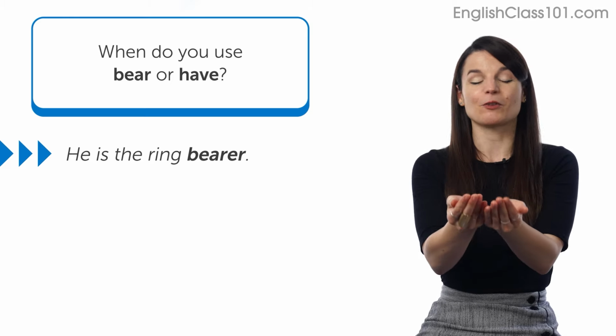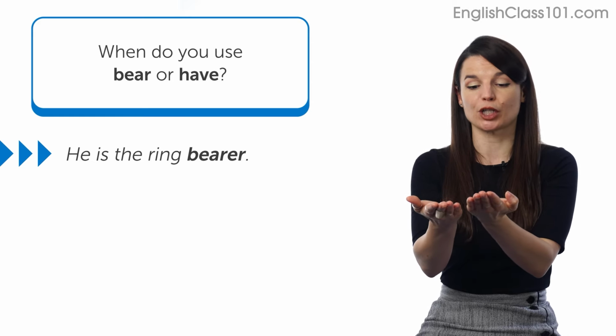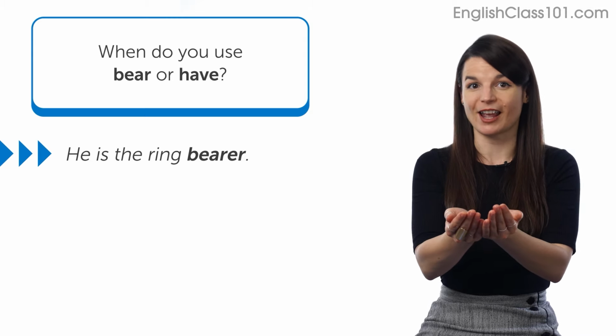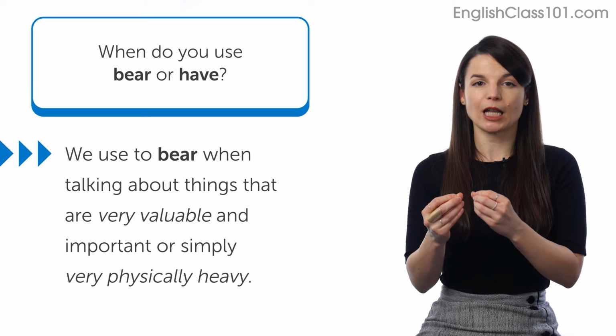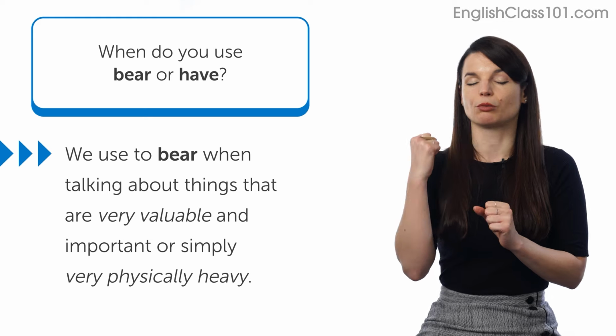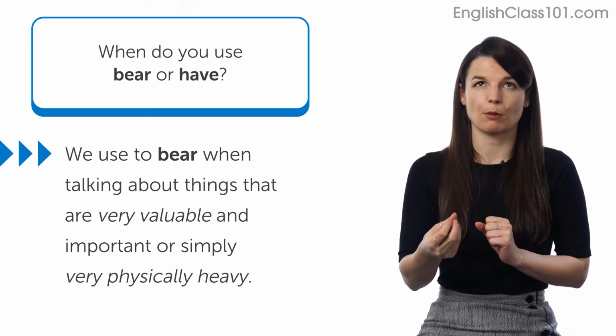The person who carries the rings at the wedding is called the ring bearer. So the person who bears, who holds the rings. The rings are very important. They have special value, right? So we use "to bear" when we're talking about things that are very valuable and very important, or maybe also just really, really heavy. But I feel we tend to use it more when they're important things.